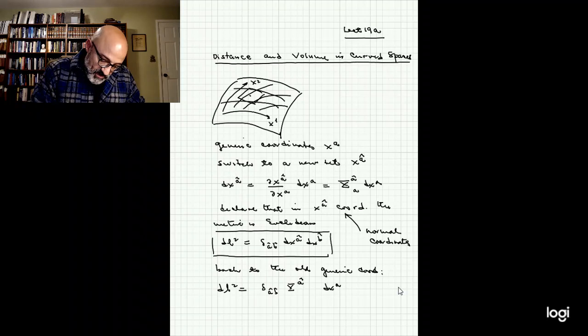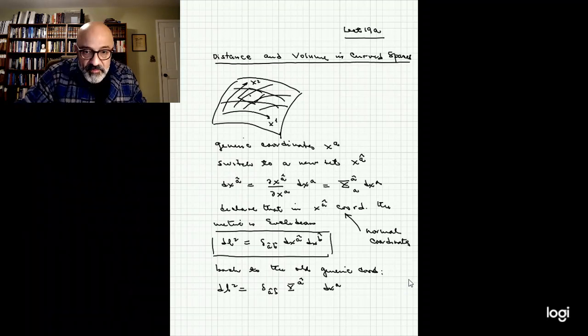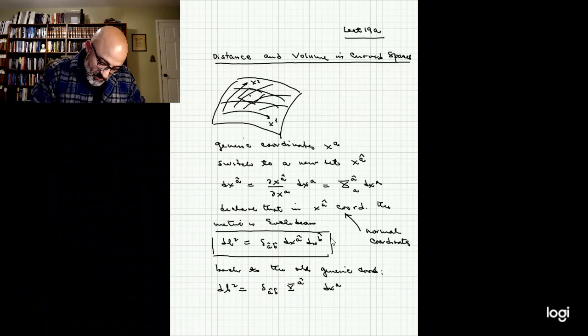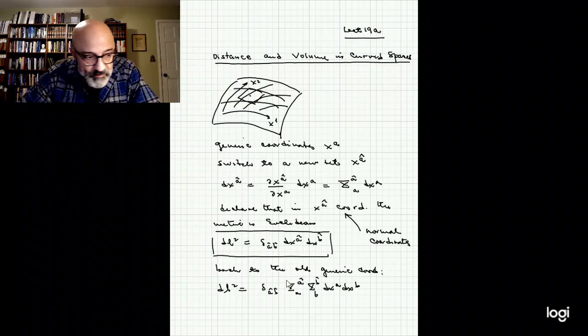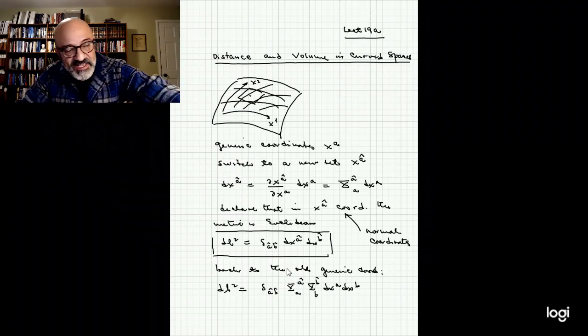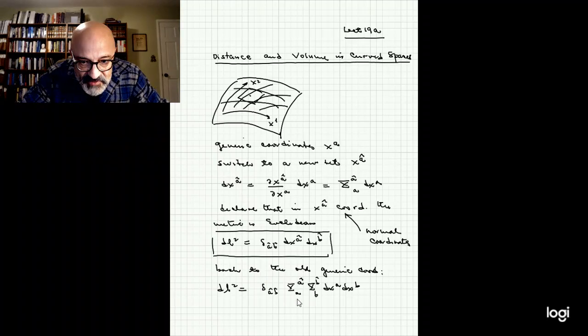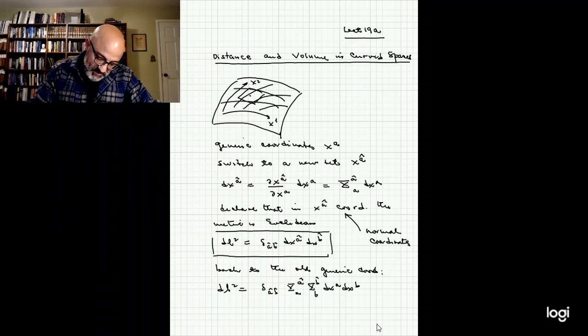Now I'm going to write down dxb hat. Once again, the power of doing these summations is that right here we have one sum over a hat, another one over b hat, another one over a, and another one over b. Plenty of summations there, but the notation is pretty compact.